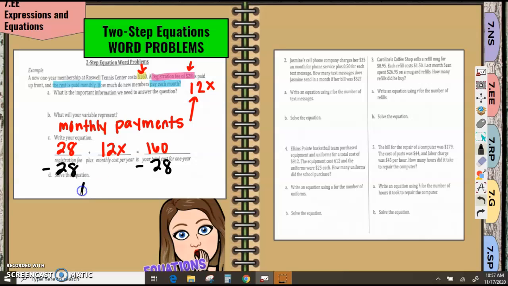So 12x equals 132. So 132 is how much you have to pay for a year, but we're breaking that into monthly payments. So we're going to divide that by 12, and that is $11 per month.